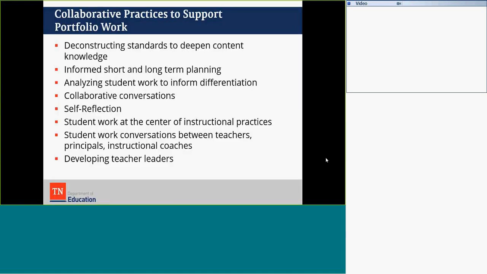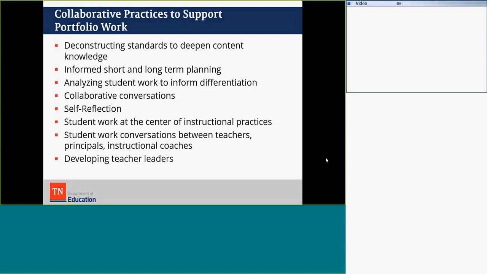So again, we want to close today by thinking about the importance of the collaborative practices to support portfolio work, knowing that deconstructing standards to deepen content knowledge is always the first step, which leads to informed short and long-term planning. And as part of that process, the ongoing analysis of student work to inform differentiation is critical. It happens at such higher depths of knowledge when we can have collaborative conversations that really lead us to self-reflection.